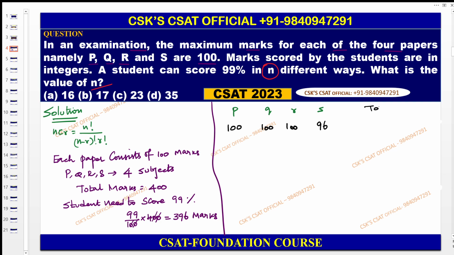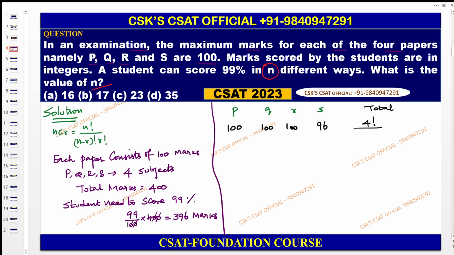Now the total can be done. So how many subjects are there? 4 subjects. So therefore 4 factorial. Now he can lose that 4 marks in any one of the subjects. So therefore this can be arranged in 4 factorial ways. Right. That is why 4 factorial. Now how many hundreds are repeated here? 3.